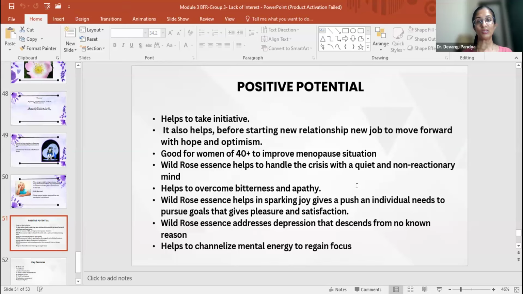It also helps to attain the crisis state with a non-reactionary mind, meaning during that state where the person is in a very dull state or not coming out of the current position, this remedy can be more beneficial. It brings them out of all the bitterness and lets the person do the work very well in the current scenario.